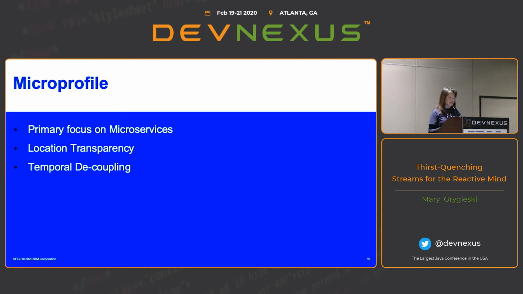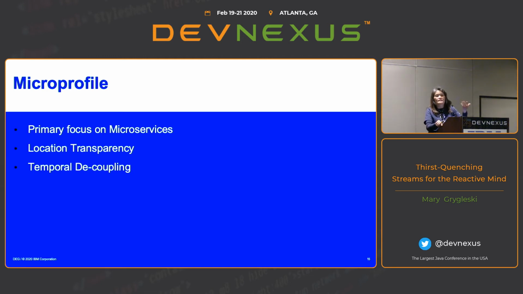The strength of it is that it supports location transparency. Especially in distributed systems, where you have so many components, you don't want to worry about where each one is.